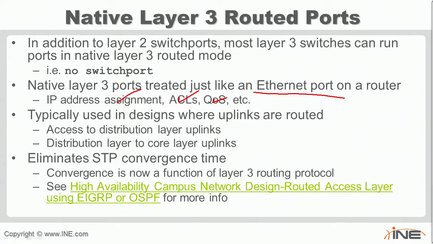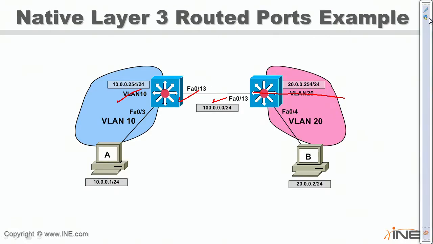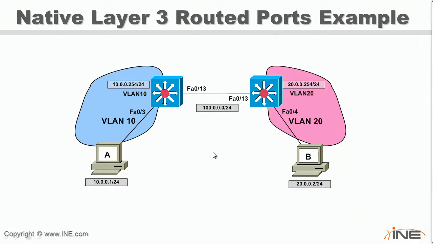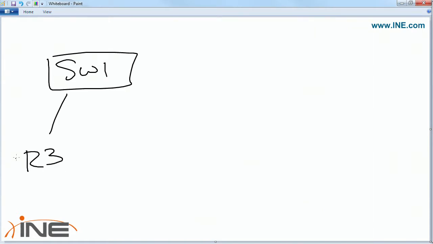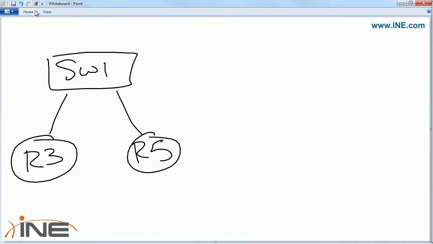So if we were to take the design that we currently have and try to extend this, let's say a different VLAN is going to be on a different switch, where right now we have switch 1 connecting to router 3 and router 5, in VLANs 10 and 20.